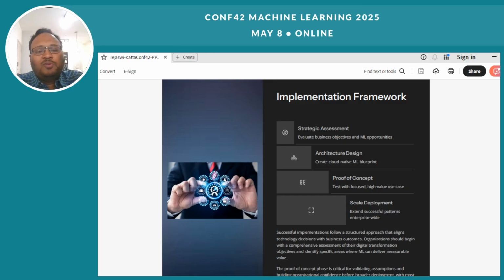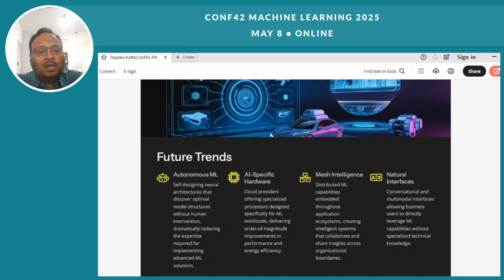So what are the future trends in this area? What's on the horizon? Autonomous ML promises self-designing neural architectures that minimize human effort in model creation. AI-specific hardware, think AI-optimized processors in the cloud, will deliver order of magnitude performance boosts.